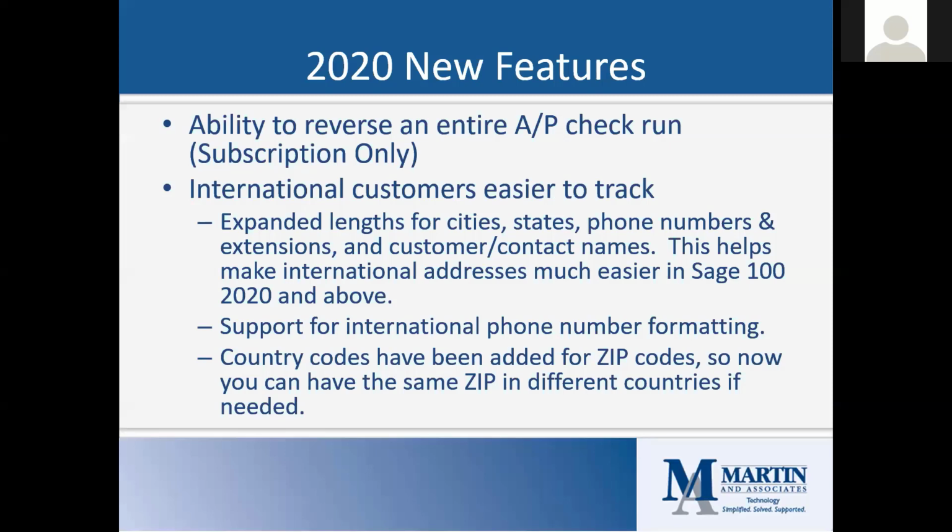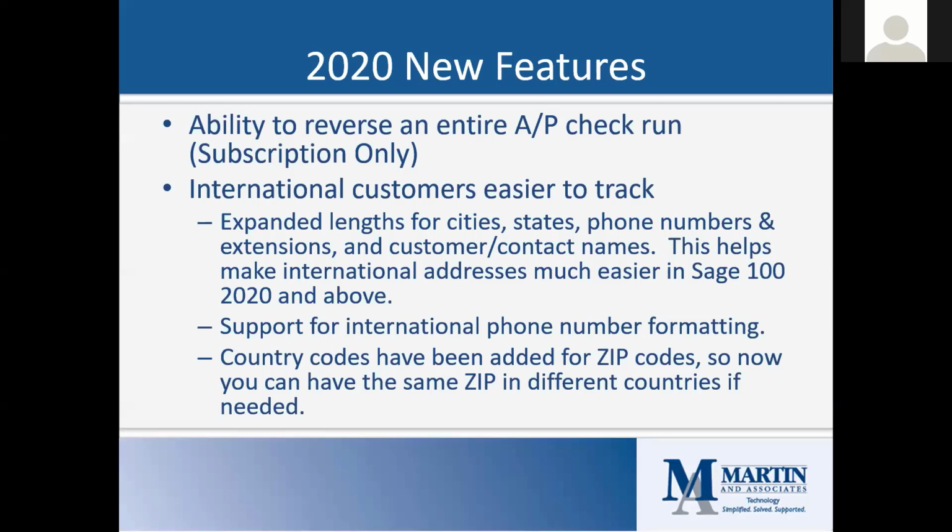Okay, so the first one is a nice one right off the bat. It's the ability to reverse an entire AP check run. This comes into play where, let's say you're running a bunch of AP checks, you update the check register, and then you realize after the fact, oh man, I didn't mean to update that check register, I had the wrong date, had the wrong check numbers, whatever, and now we need to go through and reverse all those checks.